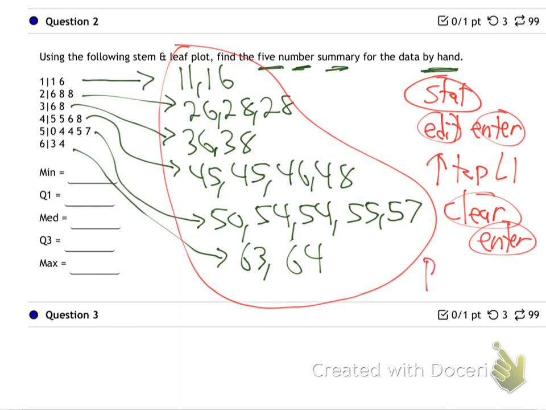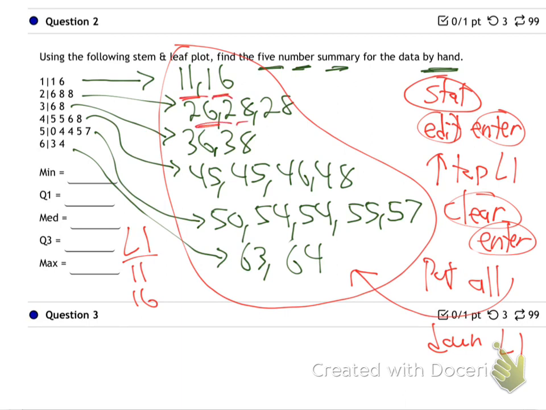And then put all of these data down L1. You just type all those numbers into L1: 11, 16, 26, 28, 26, 28, etc. Just type them all down L1, and when you're done, you're almost there.